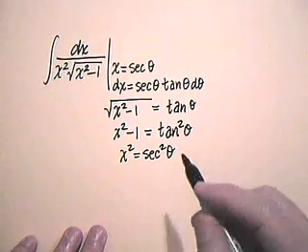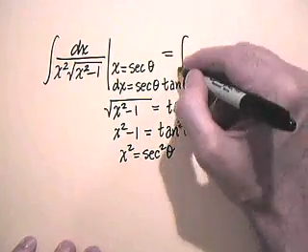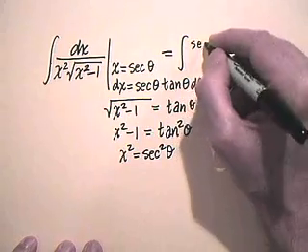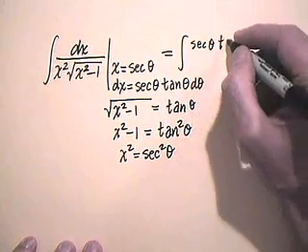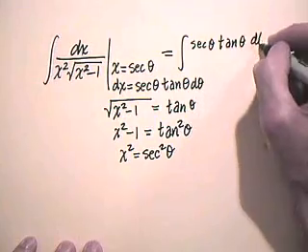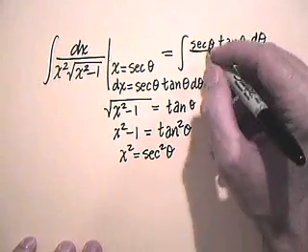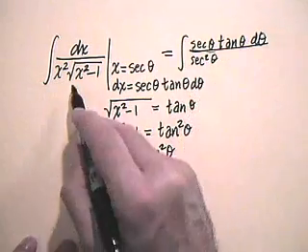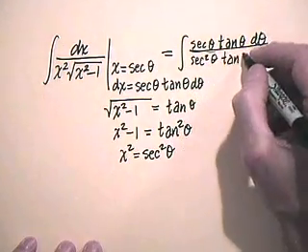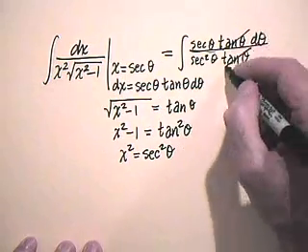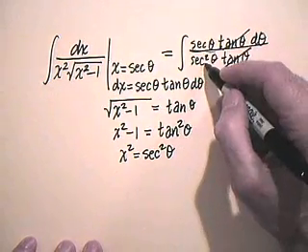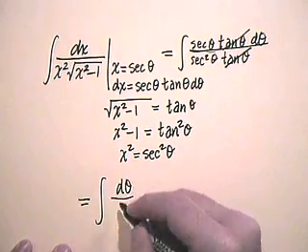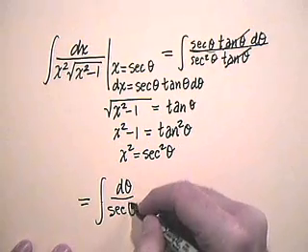So consequently, when we substitute in, we get the indefinite integral of dx, which is secant theta tangent theta d theta, all divided by the x squared, which is secant square theta, and the radical, which is tangent theta. So notice the tangent thetas cancel, and secant theta cancels with one of the secant squared. We end up with simply the integral of d theta divided by secant theta.